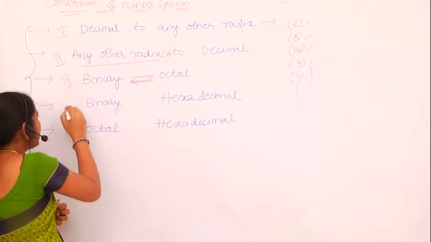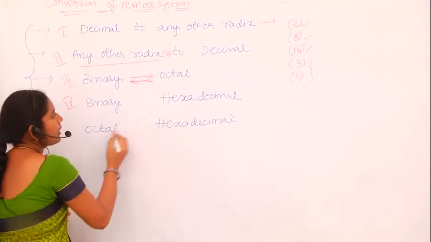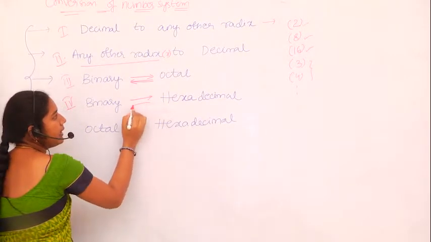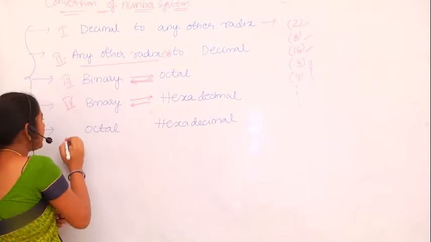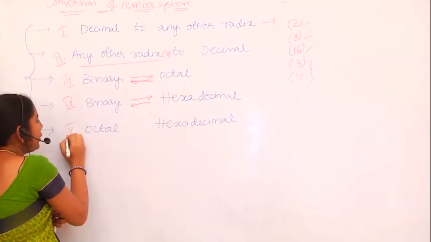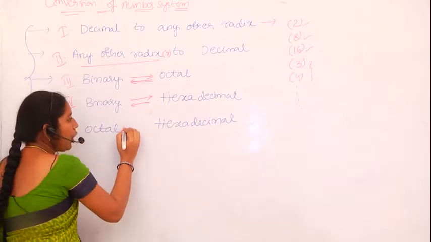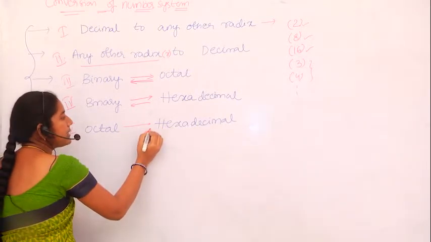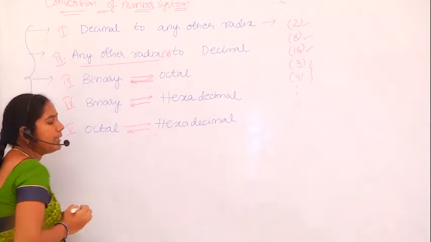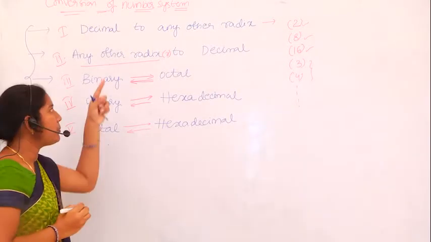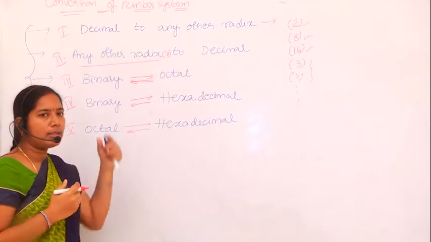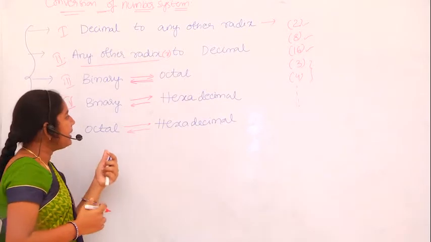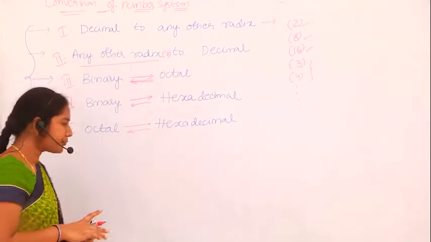And the fourth category of conversion is binary to hexadecimal conversion and hexadecimal to binary conversion. And fifth category is octal to hexadecimal conversion and hexadecimal to octal conversion. With these 5 categories, we can convert any number system into another.